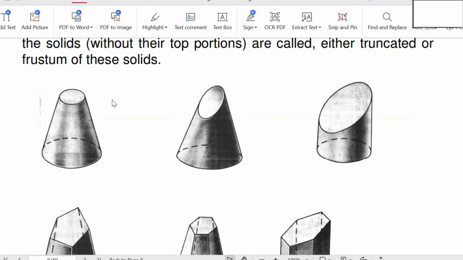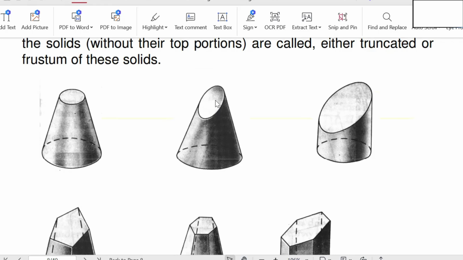Remove this portion, and here a circle is formed. This circle is exactly parallel to the base. Why? Because the cutting is parallel, hence the newly obtained surface, this circle, is also parallel to the base, but the diameters are different.